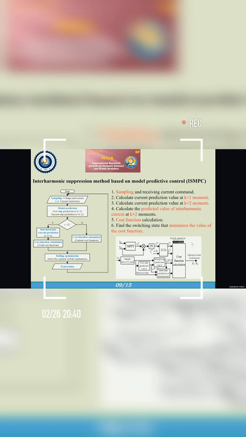Step 1, sampling and receiving current command, and then calculate the current predicted value, and then calculate the cost function. Finally, the rolling optimization is realized by finding the switch state that minimizes the value of the cost function.